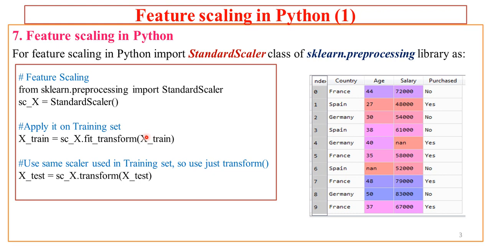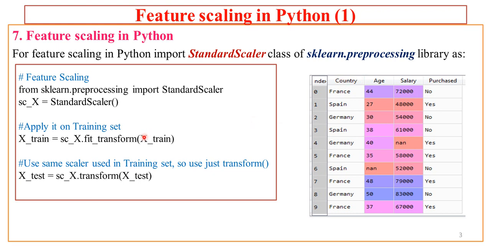What is this x_train? It is a matrix created for the features of our given data sets. What are those features? Those are the features of the independent variable vector of the given data set, that is country, age and salary.